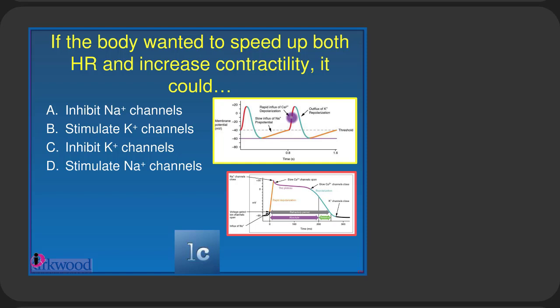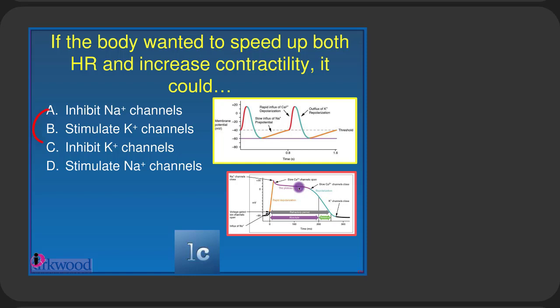Here, we could speed up calcium. That's not really going to speed up the heart rate too much, but that would increase contraction. If we stimulate potassium channels, this is going to come down faster. It's also going to cause more potassium to leave the cell, which is going to allow more calcium to come into the cell during the plateau, and that would increase contraction.